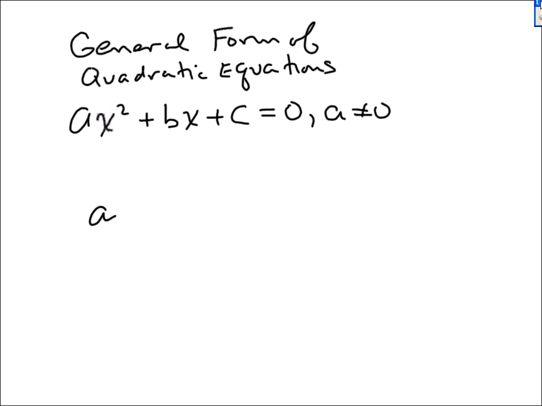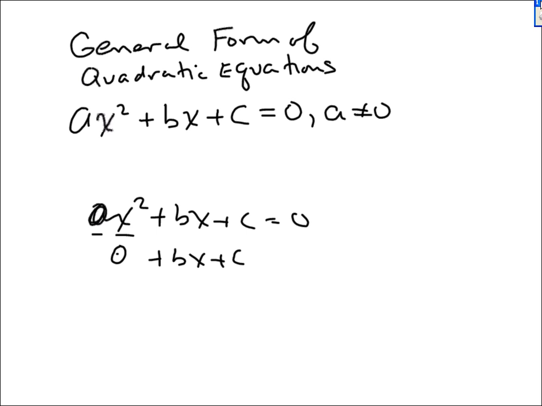After all, if a is 0, then 0 times x squared is 0, plus bx plus c. Well, that's just bx plus c equals 0. This is the equation of a line.